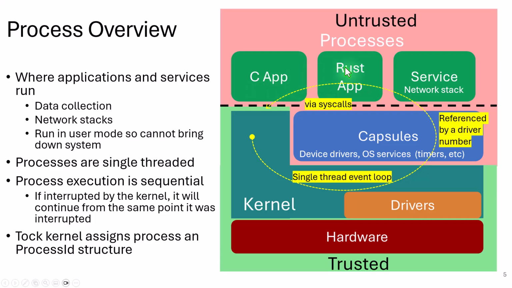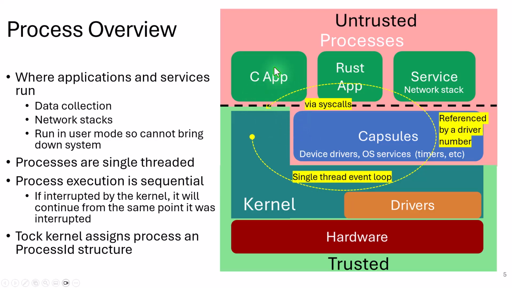Each of these processes, whether it's an application or service, is single threaded, and also the Tock operating system is single threaded. Because of that single threaded execution cycle, the process execution is sequential.